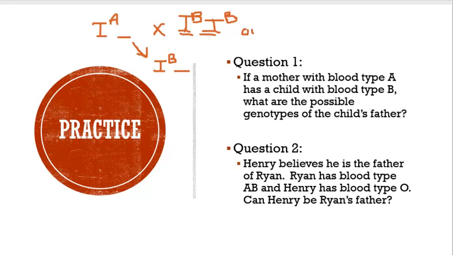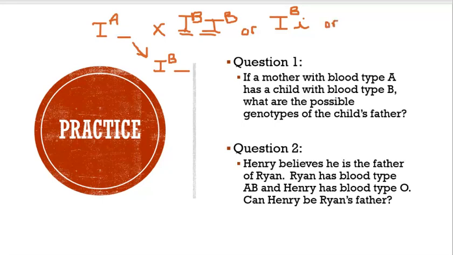What's another possibility? He's got B blood, right? He's got to pass on the B. But what if he has the recessive for producing no factor? He could still pass on this B to the child, and that would work.